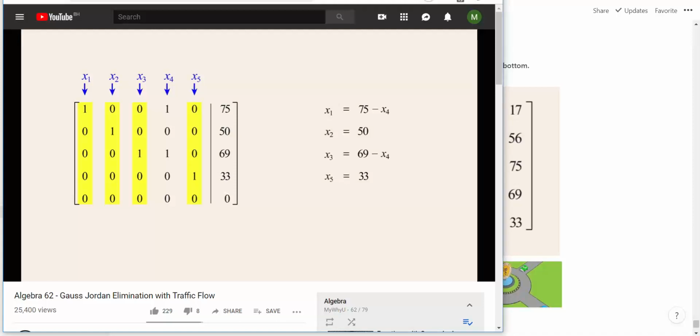This gives us equations that express the dependent variables x1, x2, x3, and x5 as functions of the free variable x4. We then equate the free variable x4 to a parameter that we will call t, and replace x4 in the remaining equations with t.